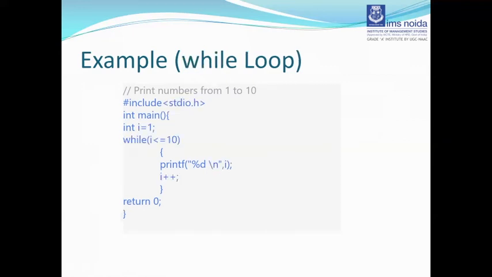Similarly we can apply the while loop. int main, int I = 1. This is the initialization part which needs to be done before the while loop implementation. While I less than or equal to 10.